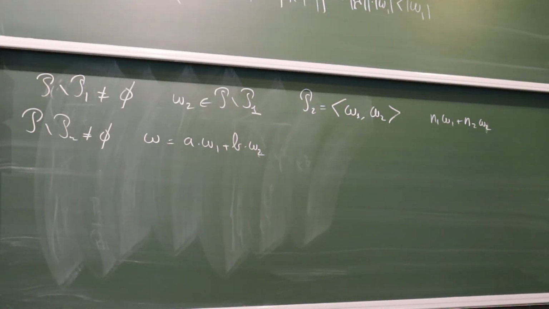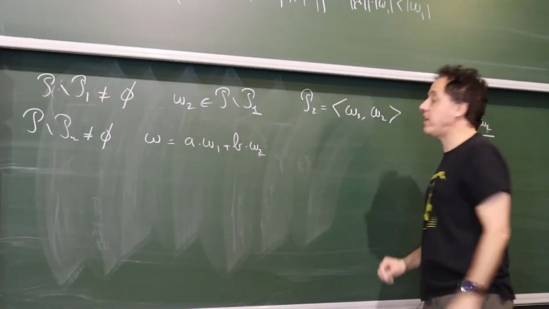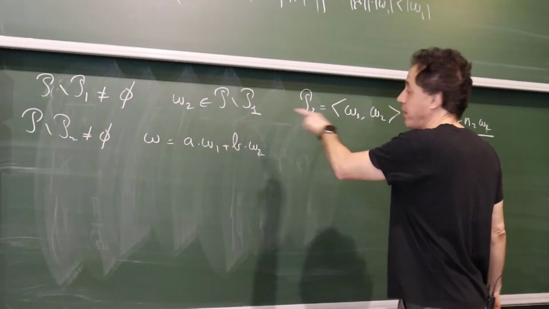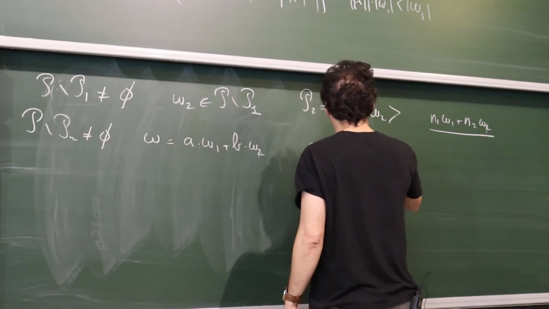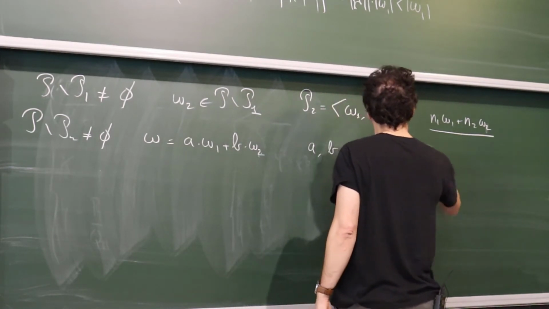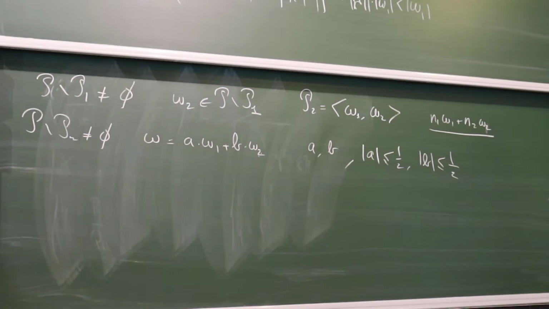We can cancel some integer parts of A and B, adding some integer multiples of omega 1 and omega 2, and we still are in the set P. So we can assume that A and B have absolute value at most 1/2.